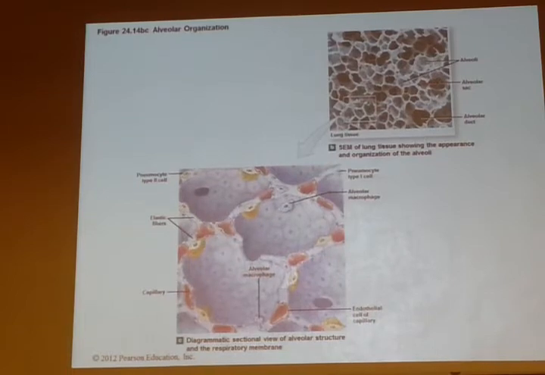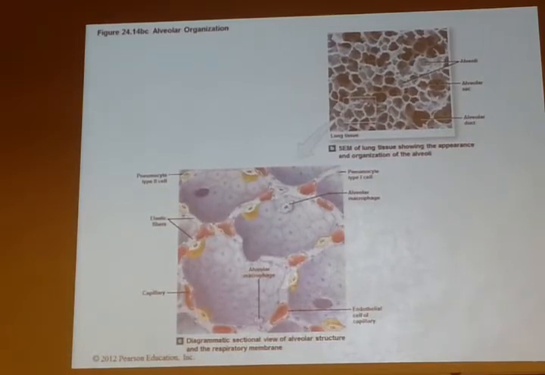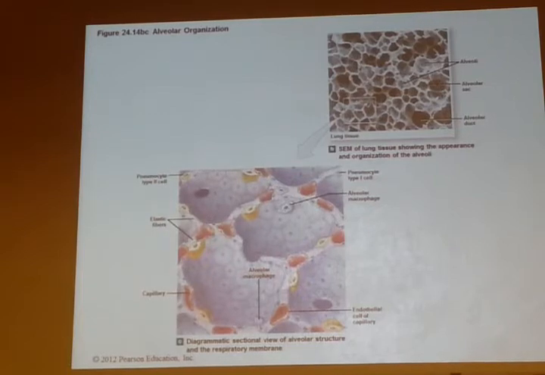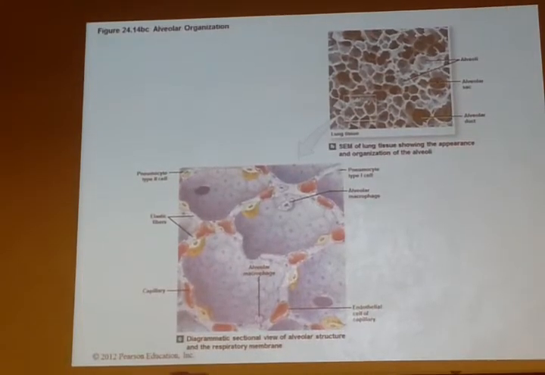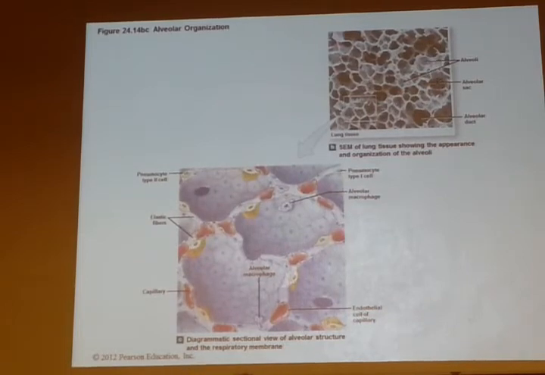So surfactant does that. Remember, we have this net filtration pressure in our capillaries that wants to push fluid out into the interstitial space, which then would get into your alveoli. So the surfactant helps to prevent that fluid loss. We also have capillaries that are called continuous capillaries.